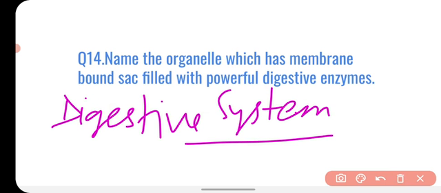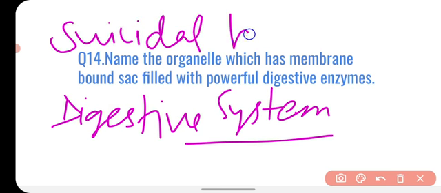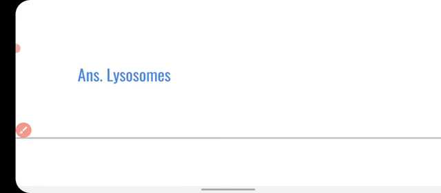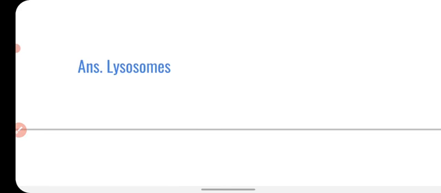And one more hint, they are also called the suicidal bag of the cell. So the answer is lysosomes. Lysosomes are the organelles which contain powerful digestive enzymes and help to digest complex organic molecules into their simpler form.